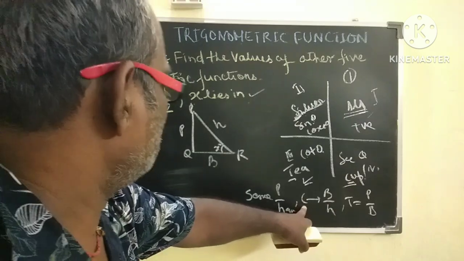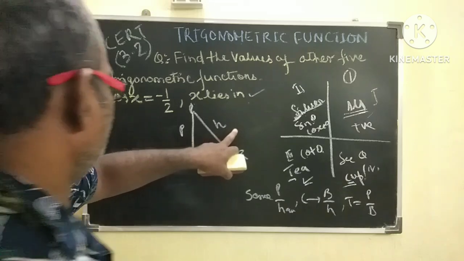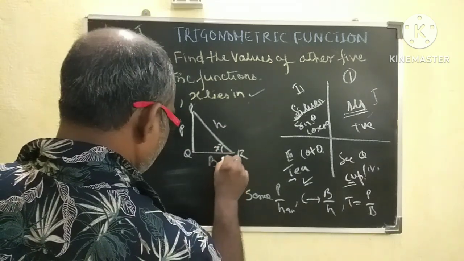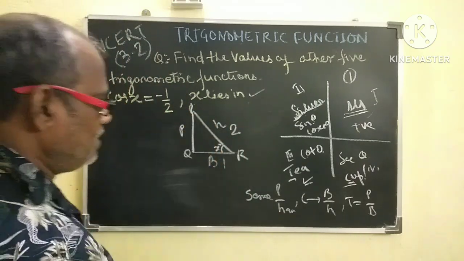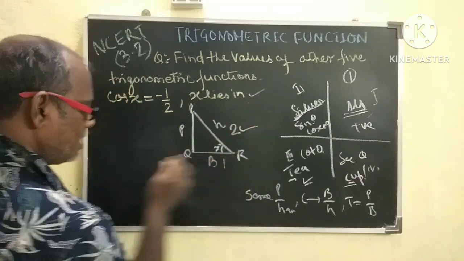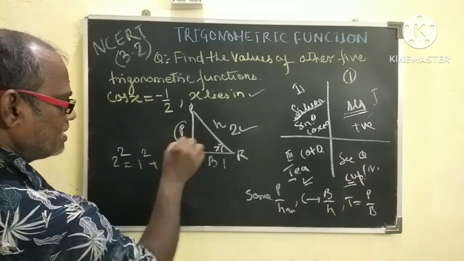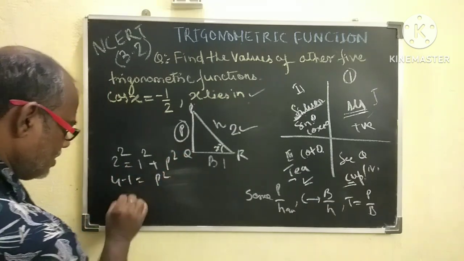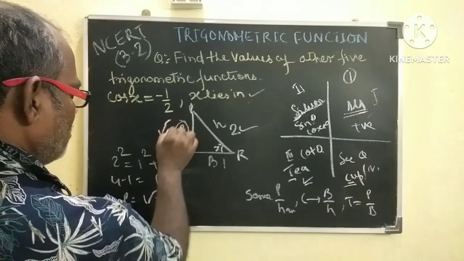So base is 1 and hypotenuse is 2, and we need to find P. Using the Pythagoras theorem, 2 square equals 1 square plus P square. So 4 minus 1 equals P square, so P equals root 3.